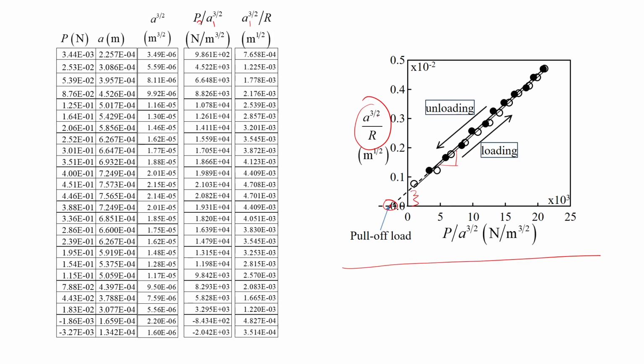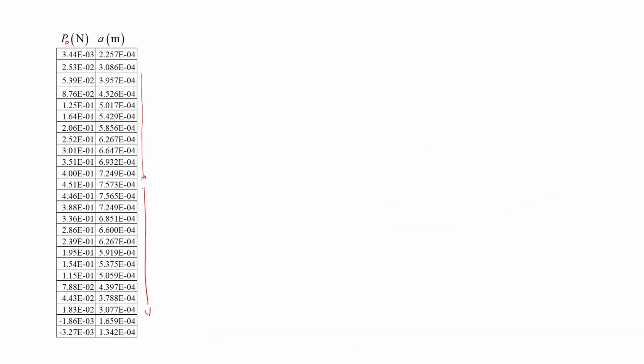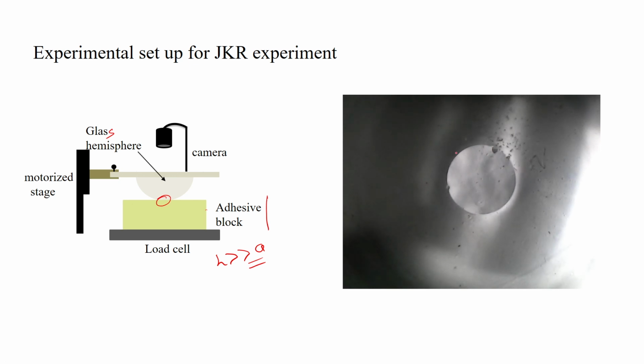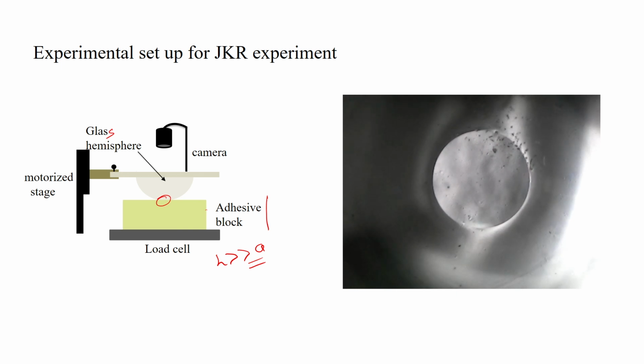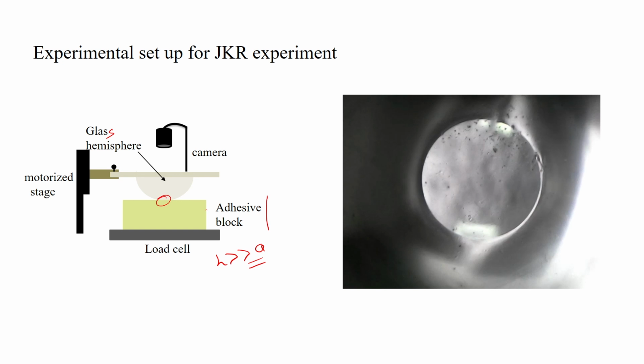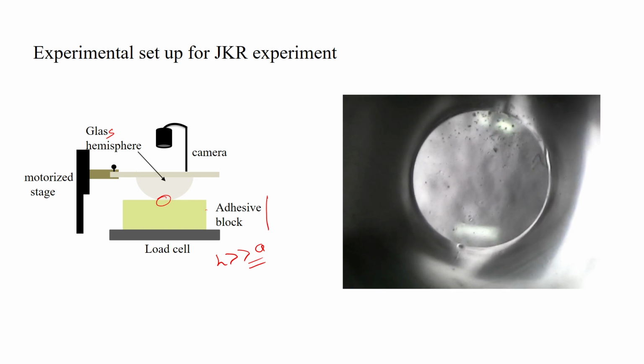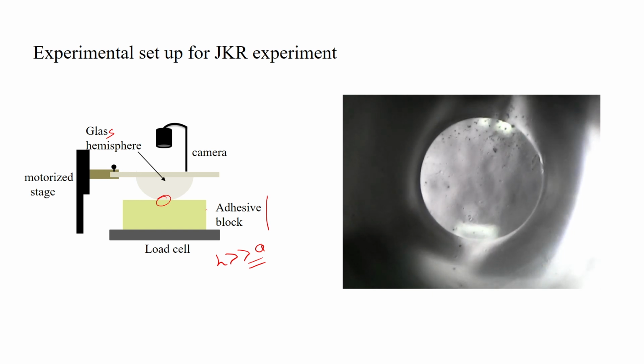So, what it means is that in this particular case, when you increase the load, the interfacial properties do not change, they remain unchanged, and when you decrease the load also. Therefore, at a similar load during both loading and unloading, the contact radius remains the same.